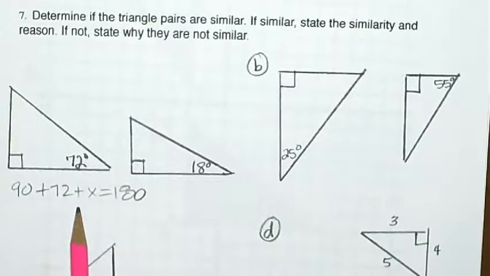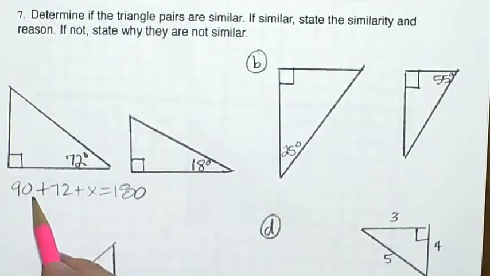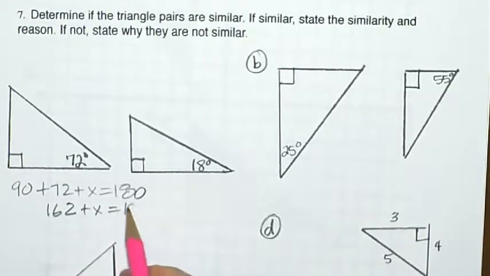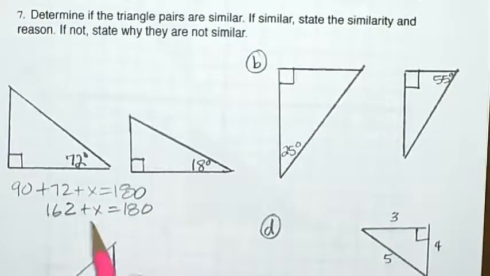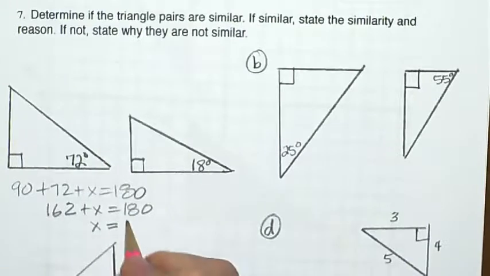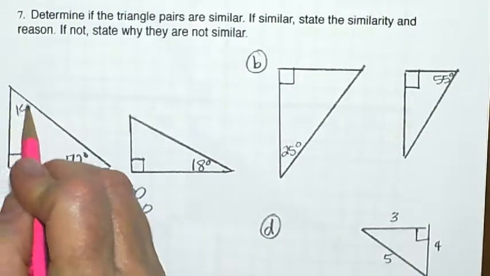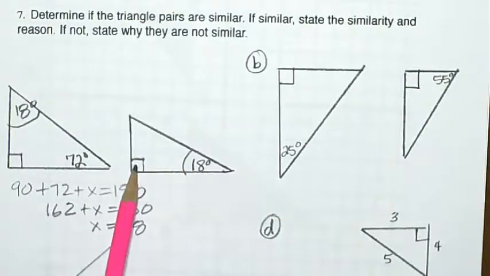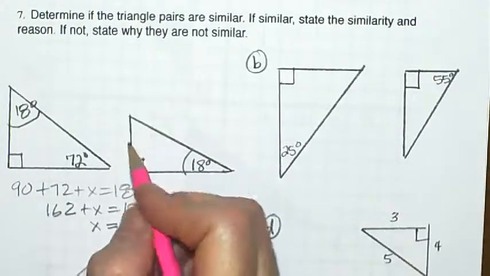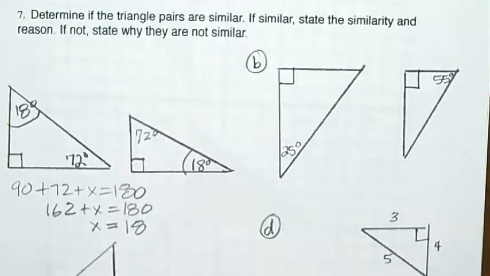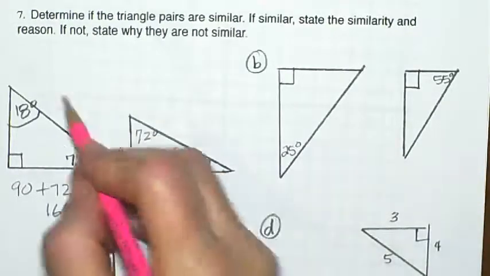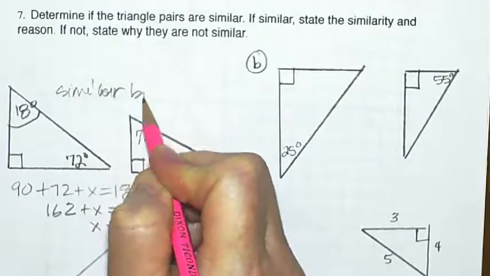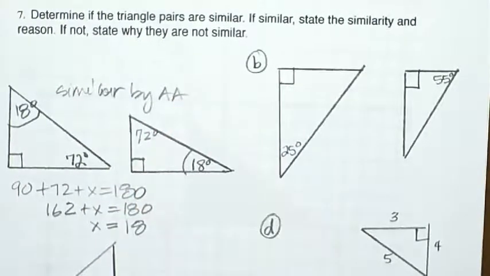I'm going to add these 2 together and then subtract 162 from 180, so x is going to be 18. So this angle is 18, which corresponds to this angle. So if this is 90 and this is 18, this must be 72. So yes, these 2 triangles would be similar by angle, angle.